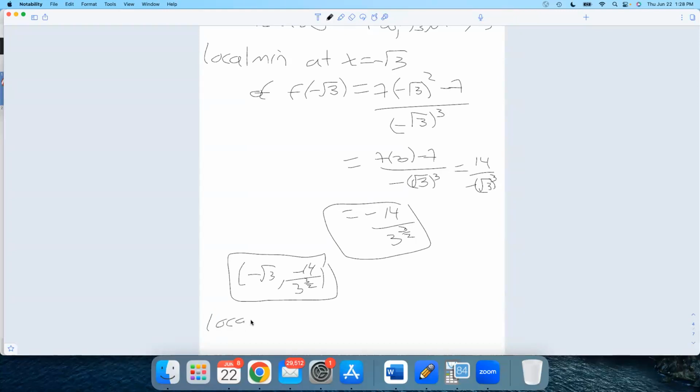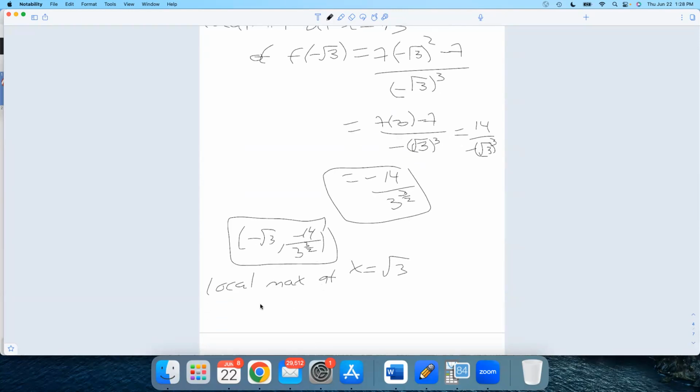Okay, then we have a local max at x equals positive root 3. So we've got to plug this into the original: f of root 3 would be 7 root 3 squared minus 7 over root 3 cubed.